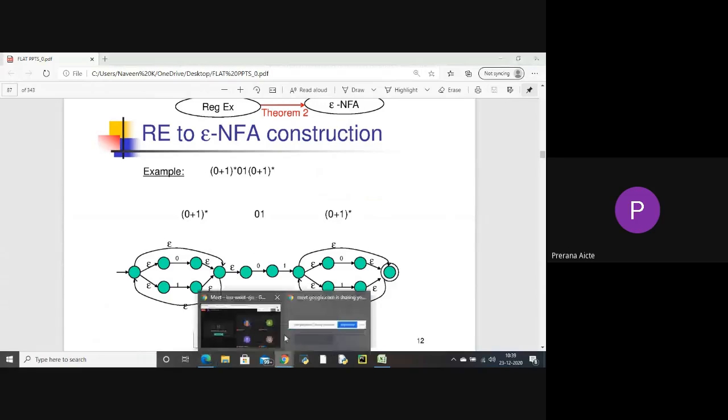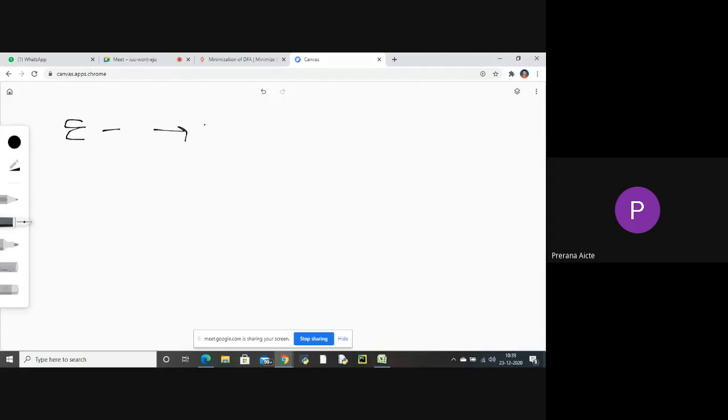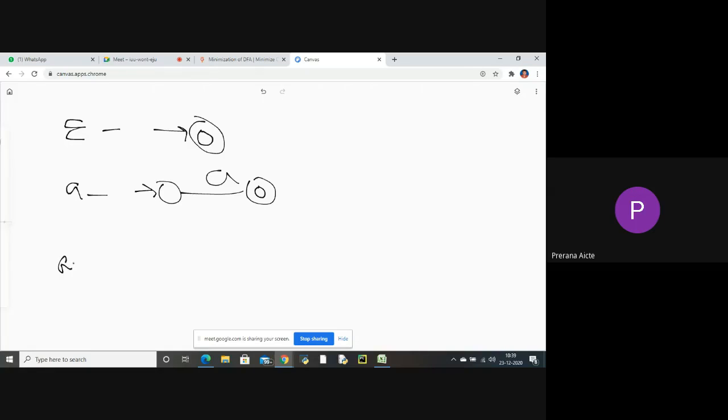In this, the basics: if your input is epsilon, it can be represented by this statement. If your input is A, then it is represented using the transition diagram like this.